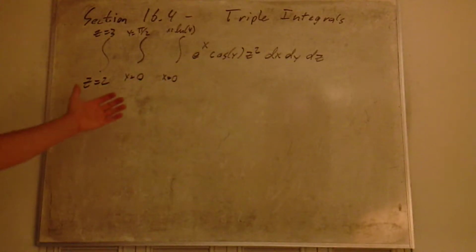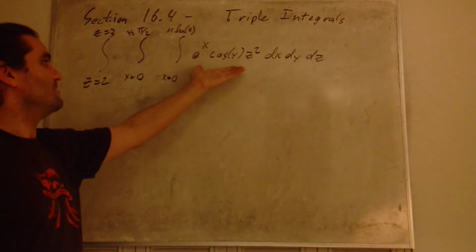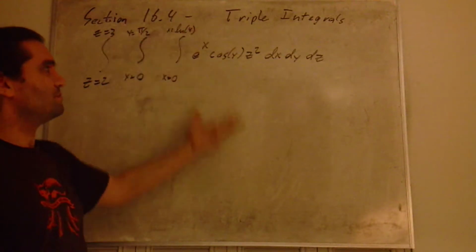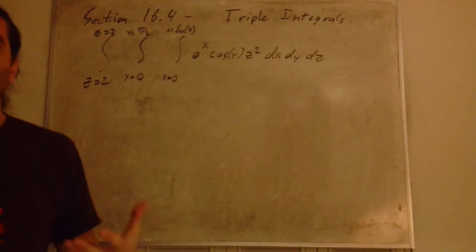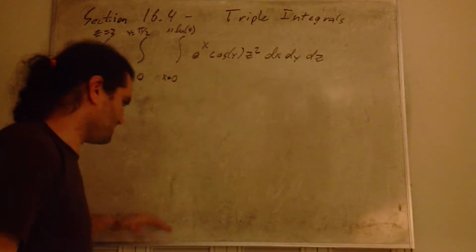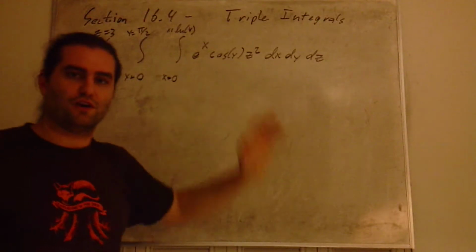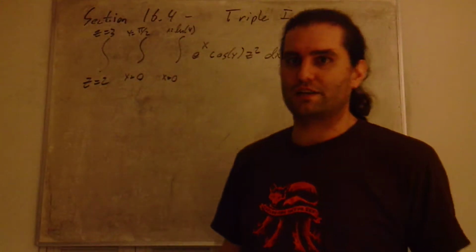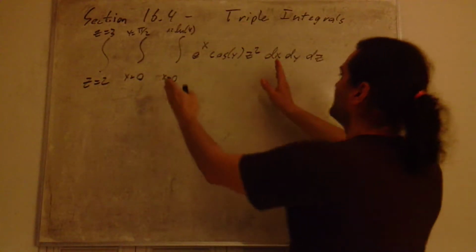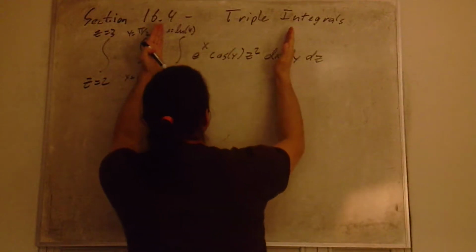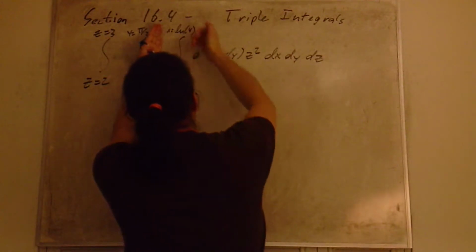As I said, the actual process of finding antiderivatives, evaluating them at these numbers, simplifying, doing the next antiderivative, the process of transforming this into an answer using all the calculus we know, that process hasn't changed from double integrals. It's pretty much exactly the same. You start from the inside out. We're going to do this dx integral first. Then we're going to plug in our bounds for x.